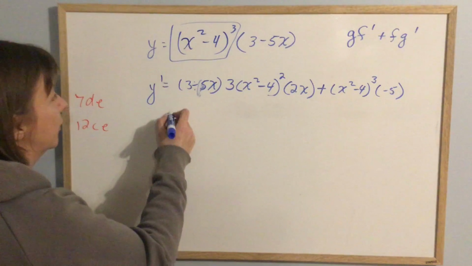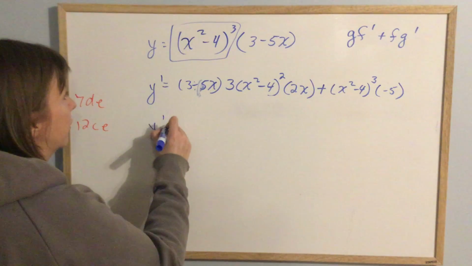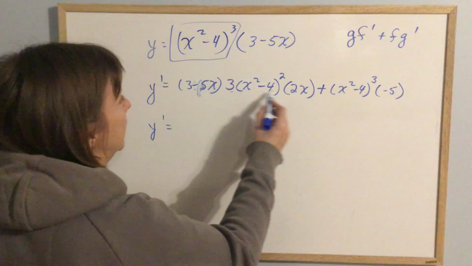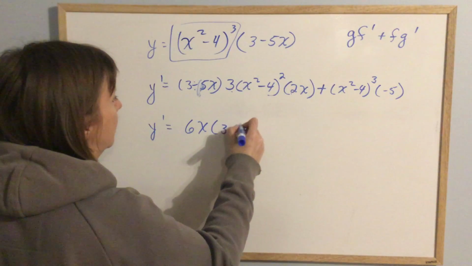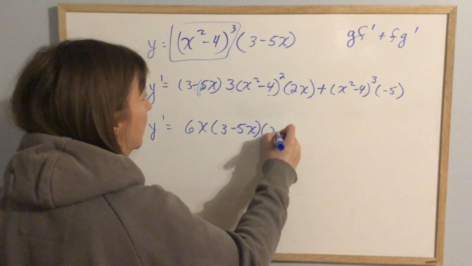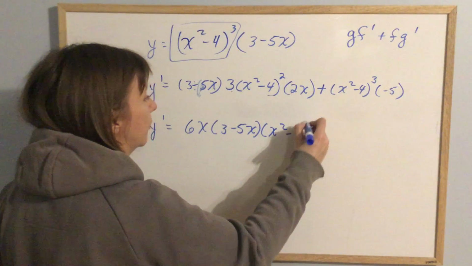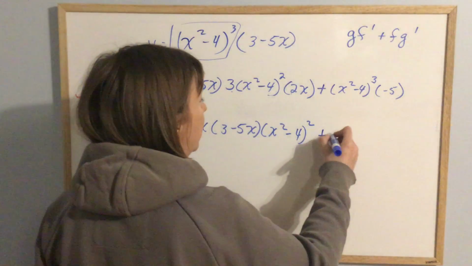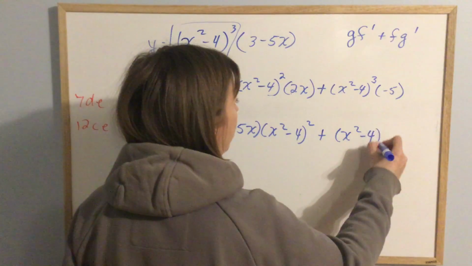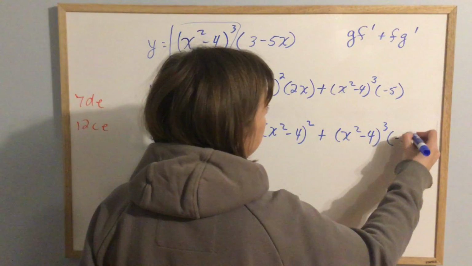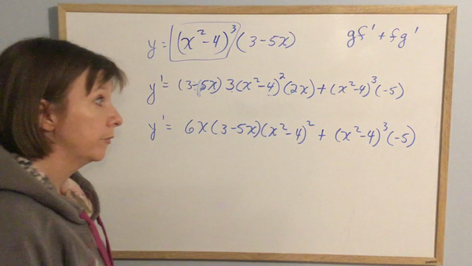All right, so let's see what I have here. In terms of cleanup, 3 times 2x would be 6x times 3 minus 5x times x squared minus 4 squared plus x squared minus 4 cubed times negative 5.